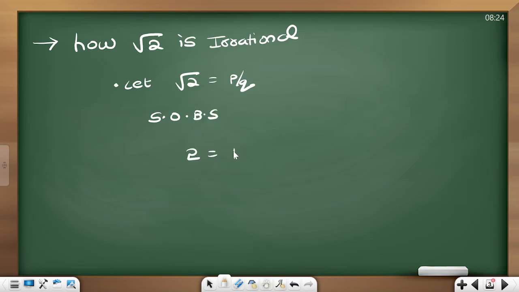Then 2 will become equal to P square by Q square. So P square is equal to 2Q square. From there we concluded that P square is an even number. If P square is an even number, it implies P is also an even number.